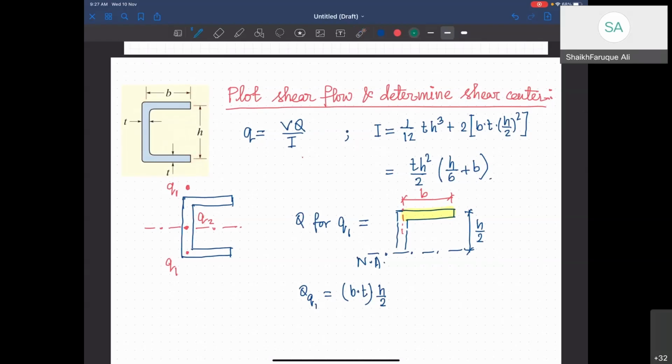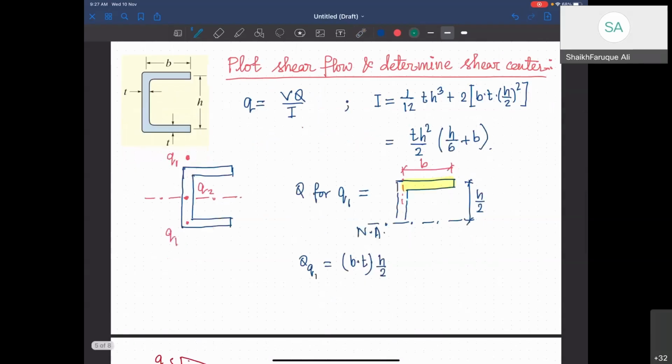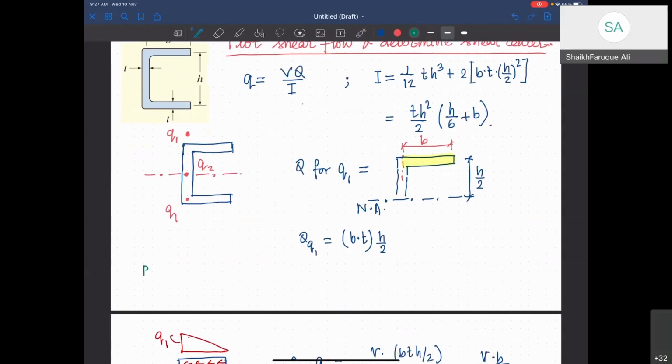Please note the dimensions are given center line to center line.